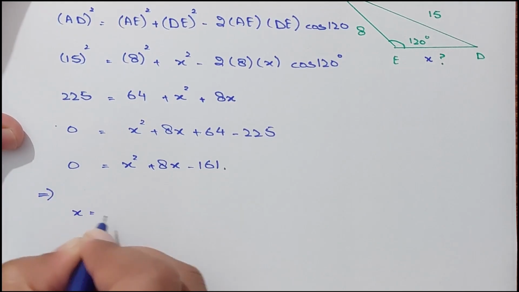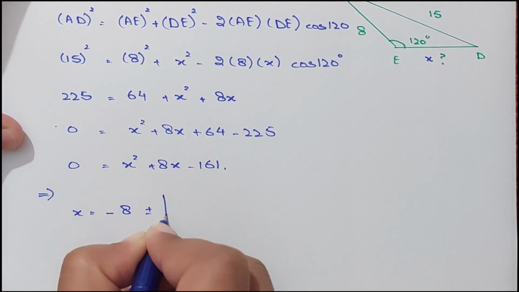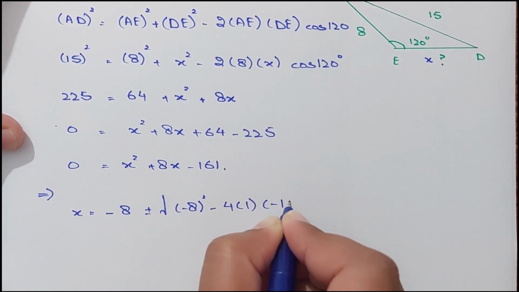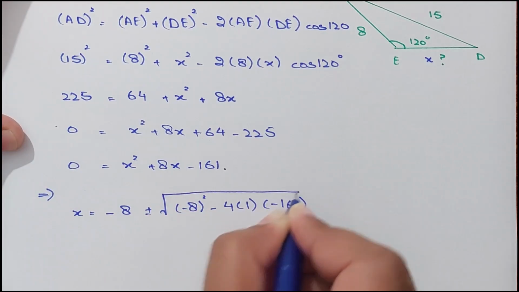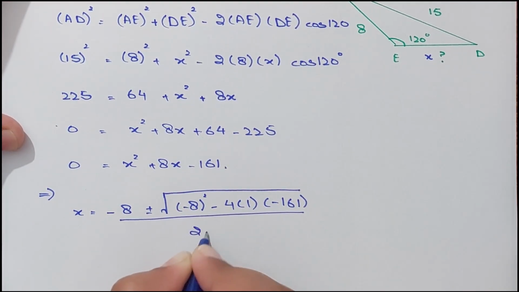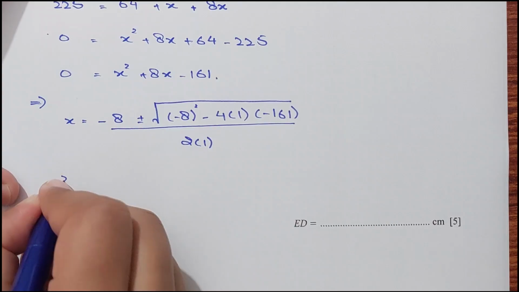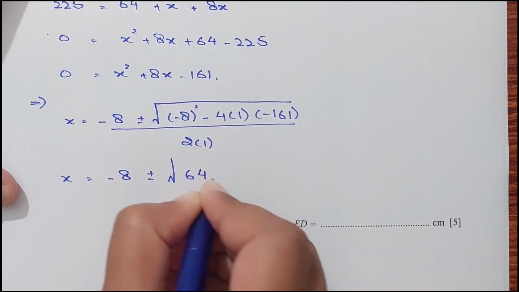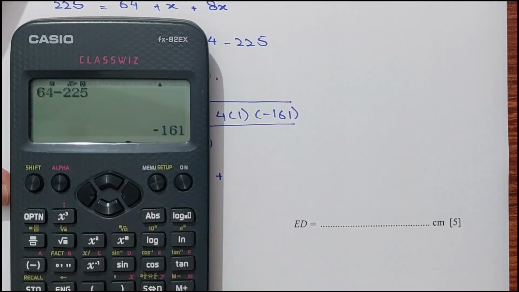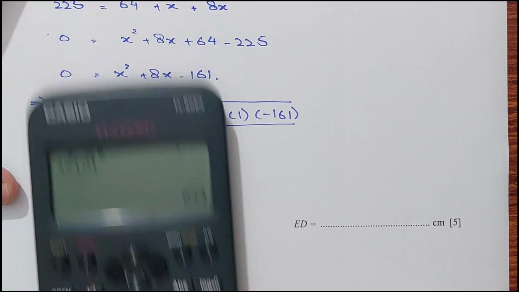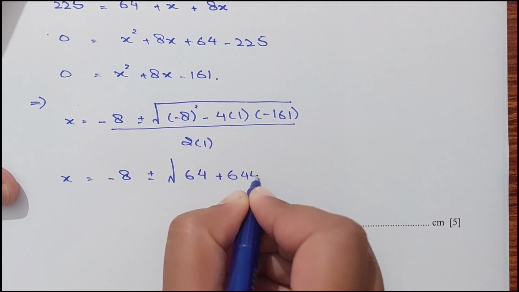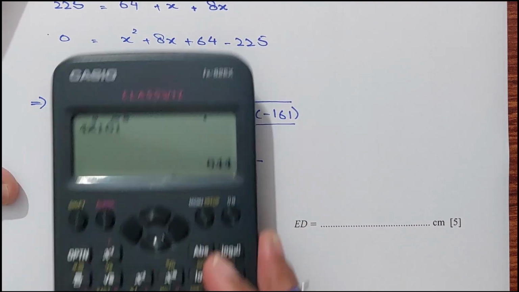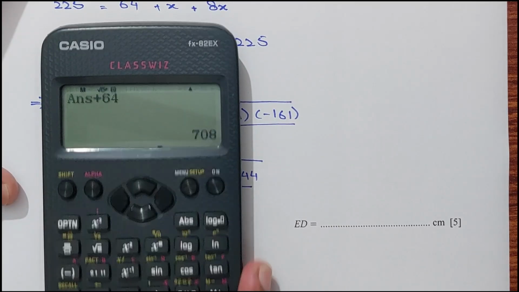So x equals negative 8 plus or minus the square root of 8 squared minus 4 times 1 times minus 161, divided by 2 times 1, the a value. For the simplification, x is minus 8 plus or minus the square root of 64 plus 4 times 161, which is 644, divided by 2. 644 plus 64 is 708.